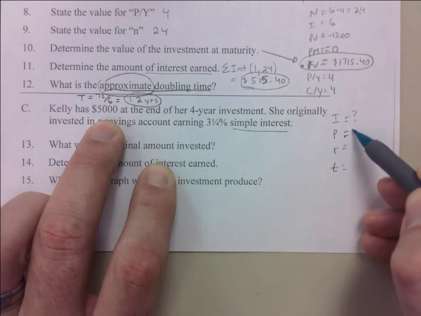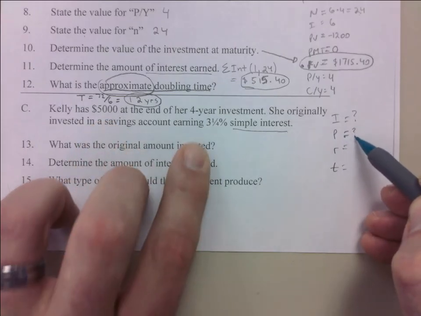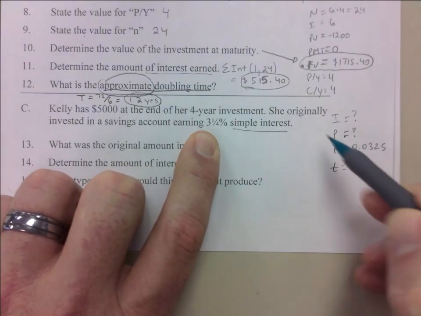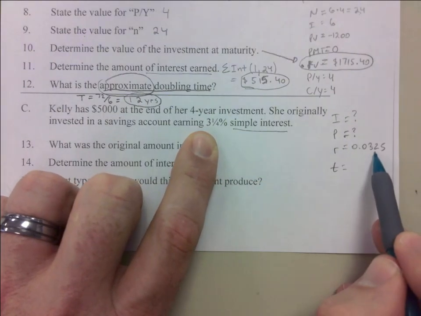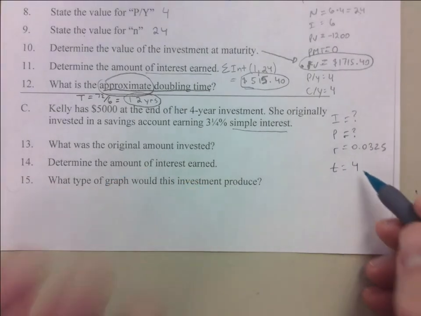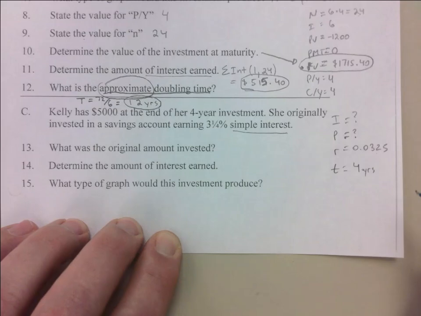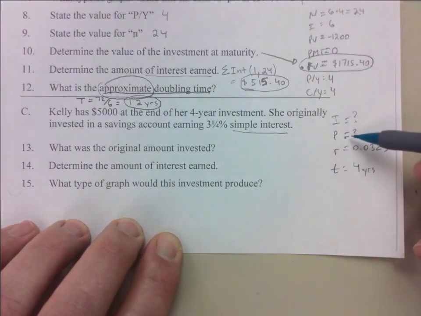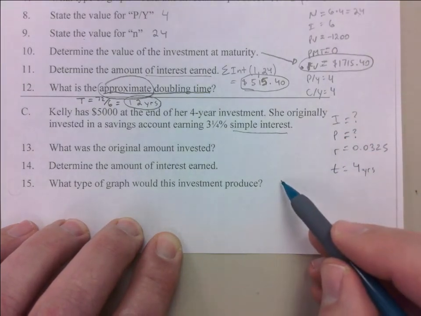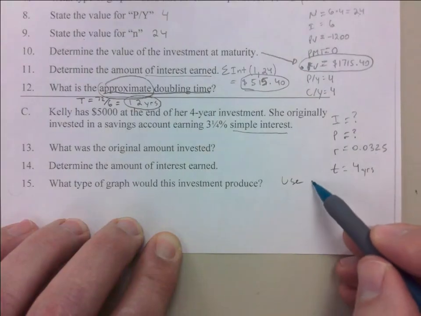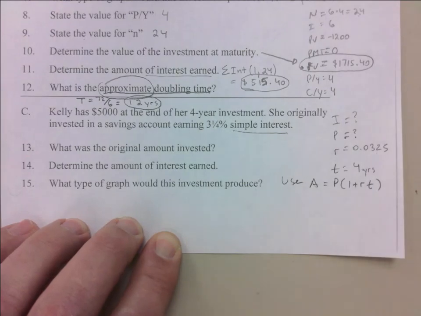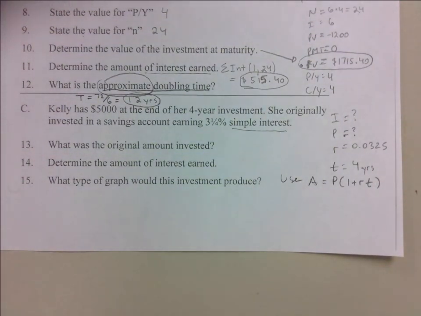I also don't know that. I know that my rate is 0.0325, right? 3.25 divided by 100. I know that time is in years, and it's 4. Make sure it's in years. If you're missing 2, you can't use this formula. You can't use I equals PRT. You have to use this one. That one is the one you have to use.